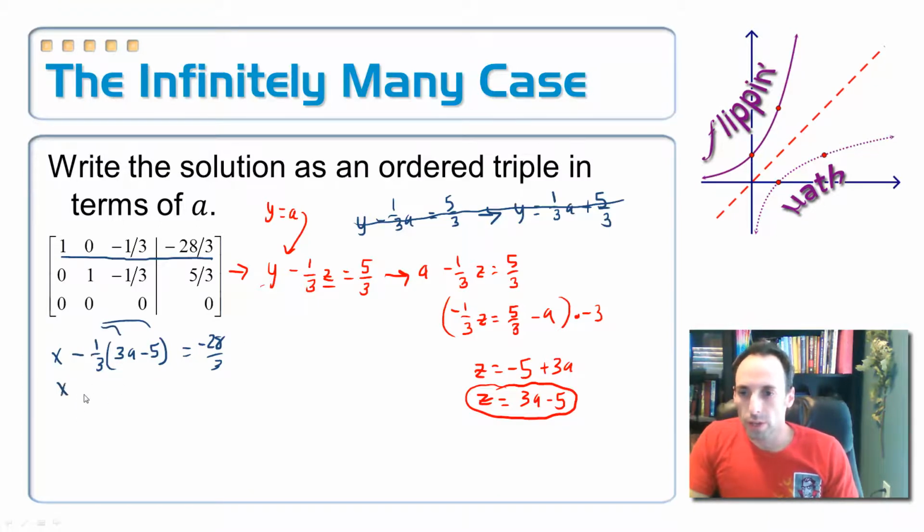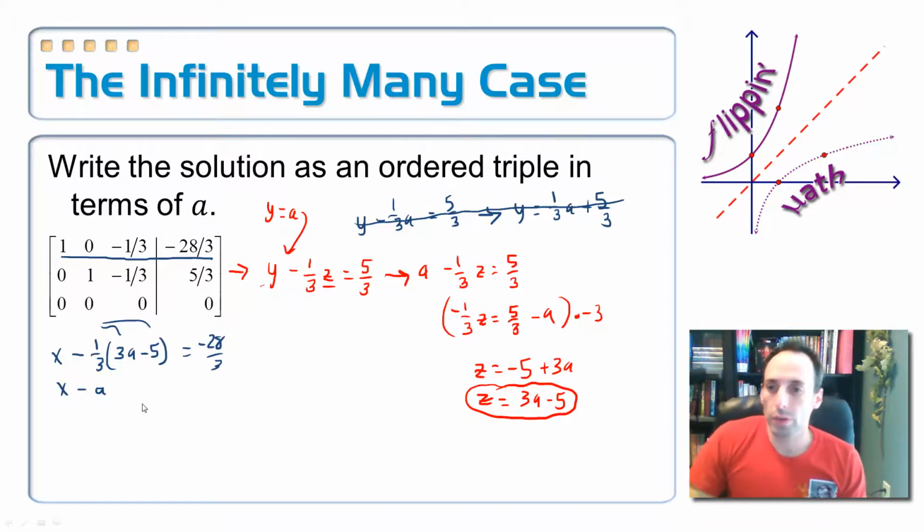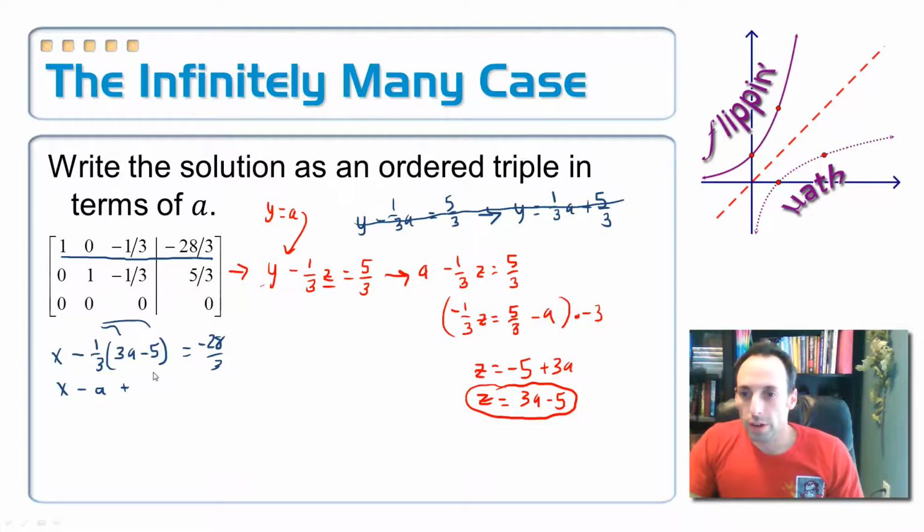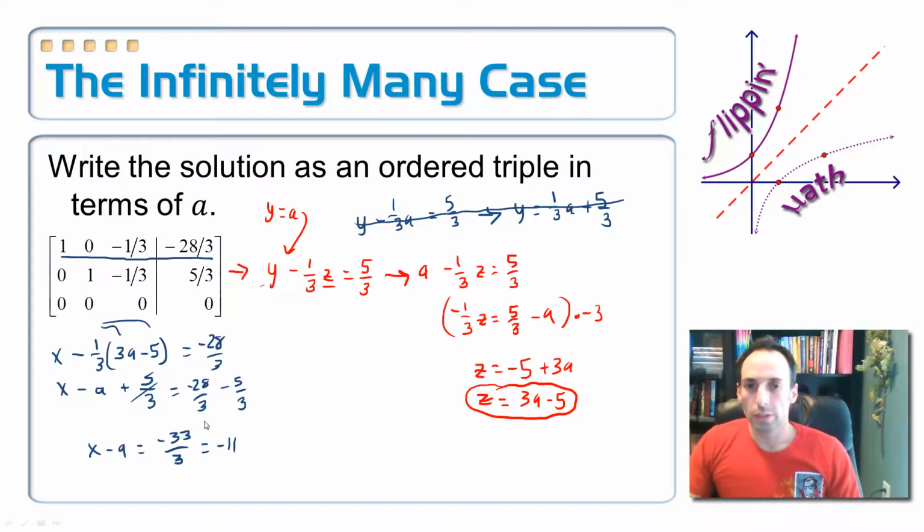I have x minus just a, because the 1/3 and 3 will cancel, and then plus 5/3 is equal to negative 28/3. Let's subtract the 5/3 over. So x minus a is equal to negative 33/3, which is just negative 11. And then finally add the a over, so x is equal to a minus 11.